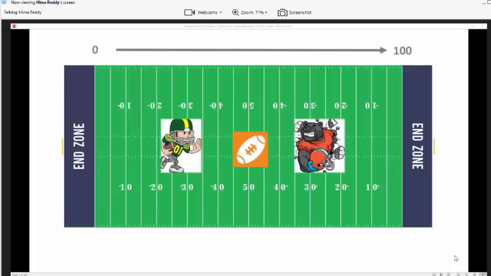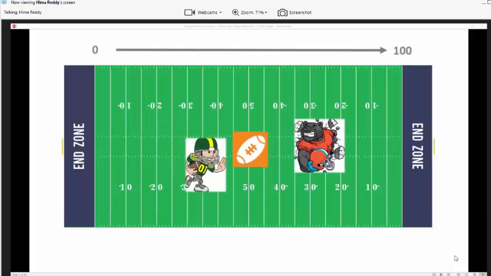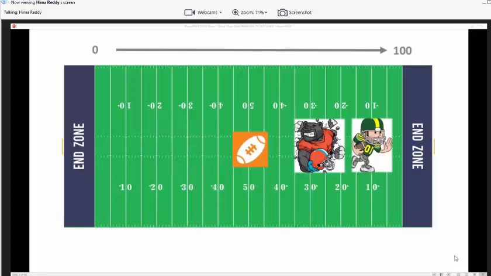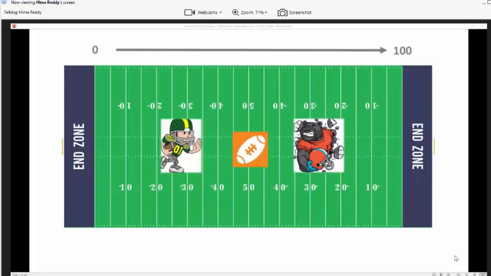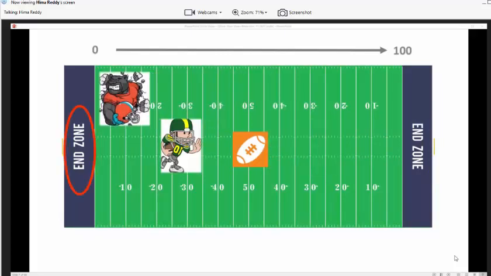They're on opposing fields, and they've got to get through the other team in order to make their points and win the game. So the Bears are defending, and the Packers have to get through them to be in the end zone to score points, whether it's a field goal or an actual touchdown. Same thing for the Bears. They've got to work their way across the field and get through the Packers to get to their end.